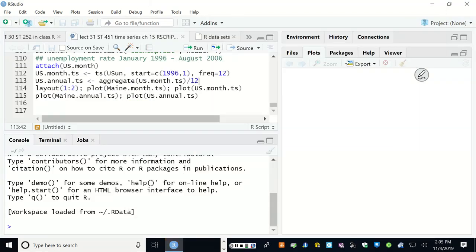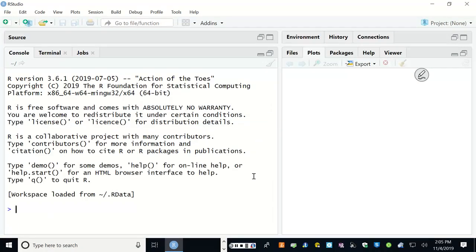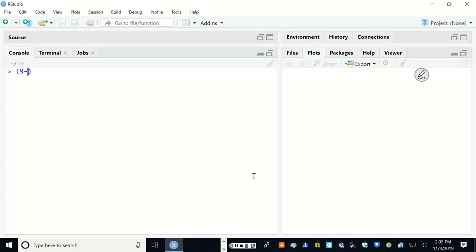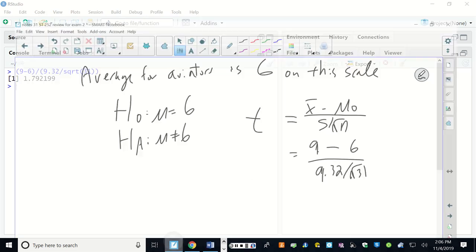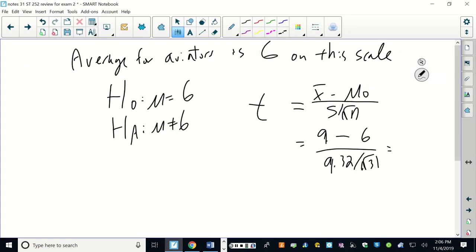So we're going to do the difference in means, 9.9 minus 6, divided by 9.32 divided by the square root of 31. And your calculator would tell you a t value of 1.79. Is that right? So 1.79.